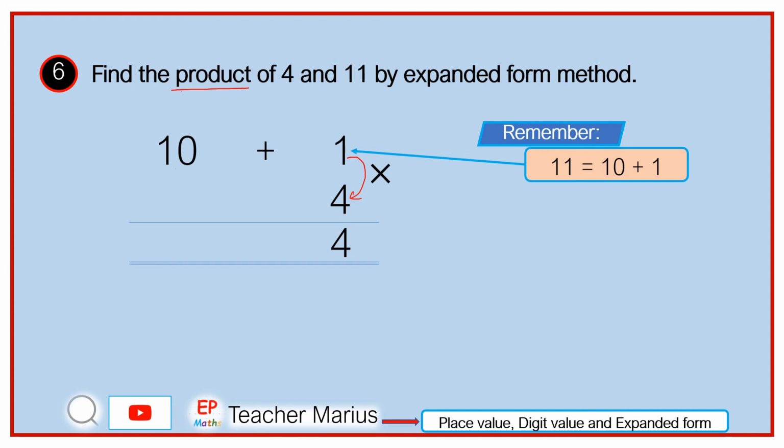Then after that we get 10 times 4 to get 40. So that is 40 plus 4. Therefore, 11 times 4 equals 44, because 40 plus 4 equals 44. So that's how we can multiply using the expanded form method.